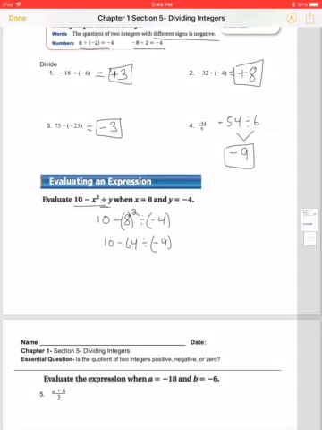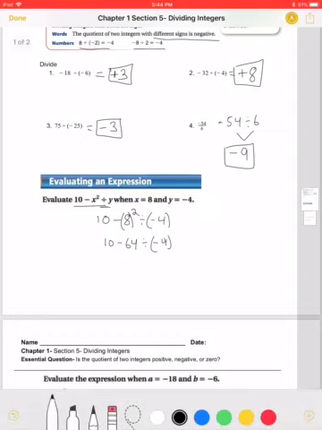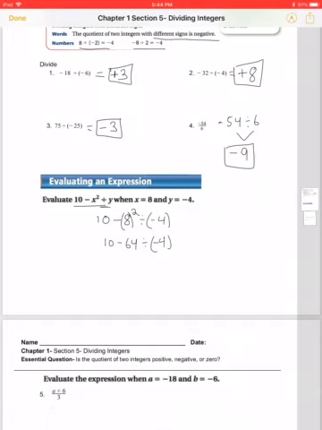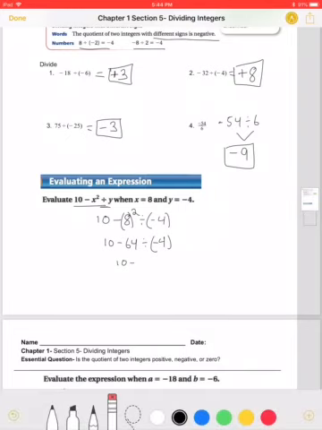Next thing I notice is I have subtraction and division. Okay, so division comes before subtraction in order of operations. So I do 64 divided by negative 4.